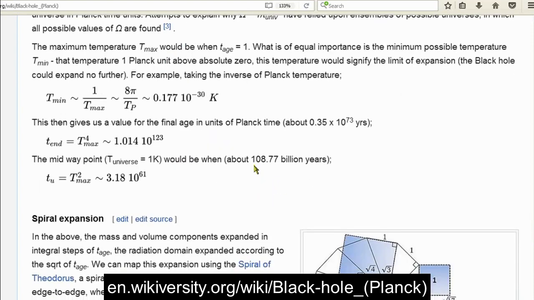Now we don't know what this temperature might be, but for simplification we just take the inverse of Planck temperature, and we find that if we do that, the universe will end after approximately 10 to the 123 units of Planck time, which correlates to the cosmological constant. So the inverse of Planck temperature may be a good guide as to when a simulation will end.